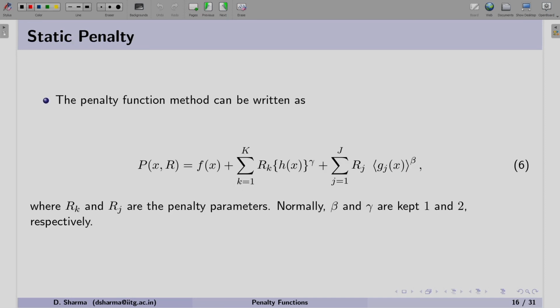Now, the death penalty was not using any kind of penalty term. Now, we are coming to the static penalty, which will be using some penalty term to penalize the infeasible solution.